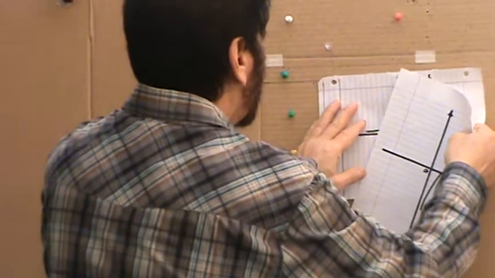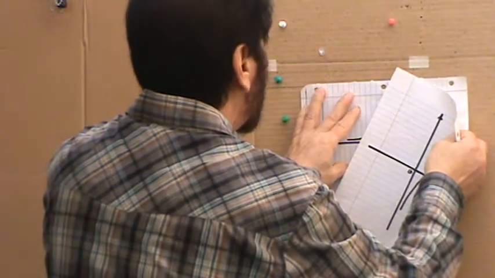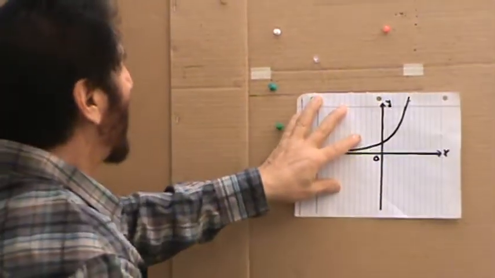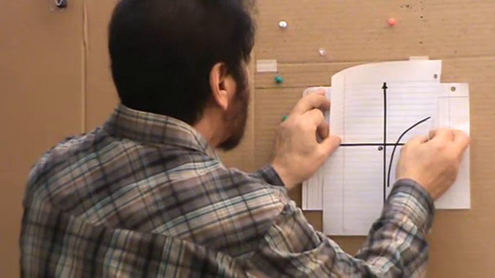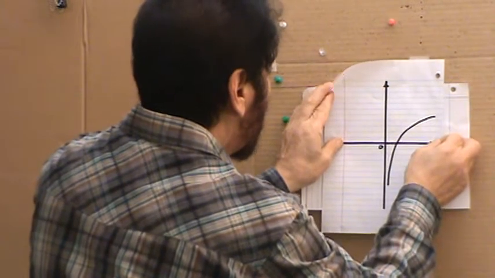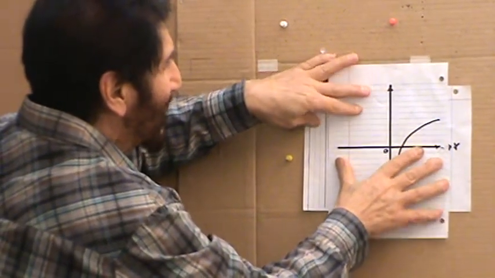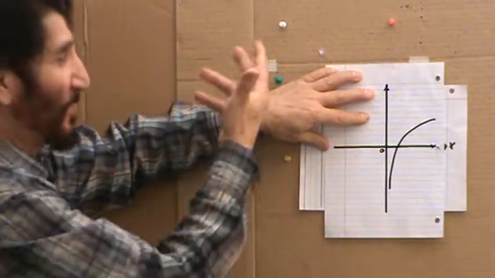Something interesting happened. And if I superimpose the axes, the vertical and horizontal axes on top of each other, I hope you can see that. If I had a light under that, I could show you so that you could see through it.